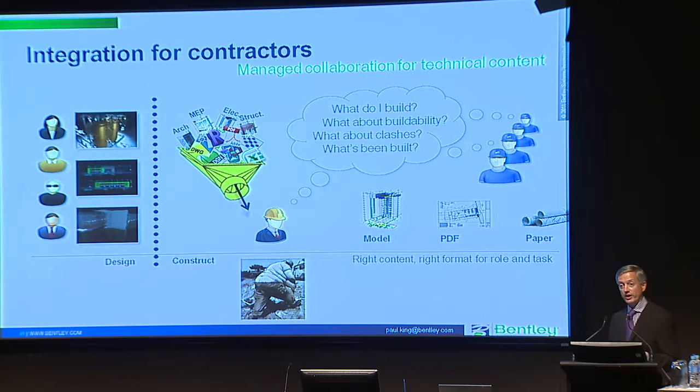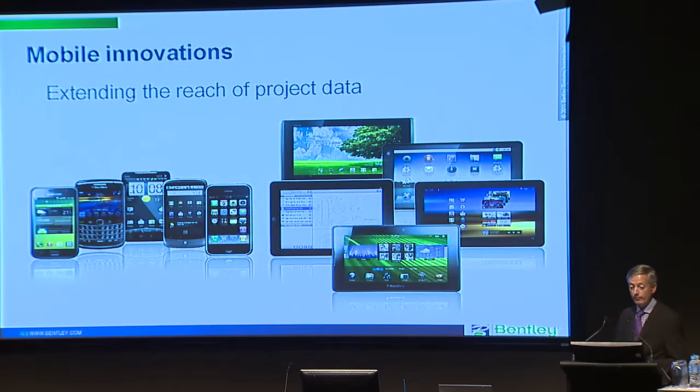So on a number of BIM projects that we're all working on, there's 2D content in paper form, it's PDF, it's electronic paper, and it's 3D models. So it's a whole range of media, but it's really about understanding the best media for the job. And mobile applications are becoming even more important. There's a whole range of devices around now.